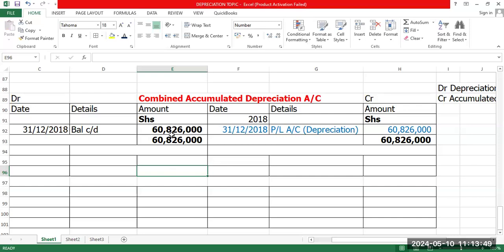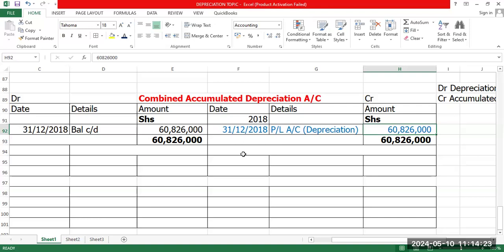We proceed to the next year, unless there is a question. Here we are just copying the total depreciation for 2018. This figure must be combining depreciation for each asset. The fact that it is accumulated depreciation, this is the first depreciation we have.